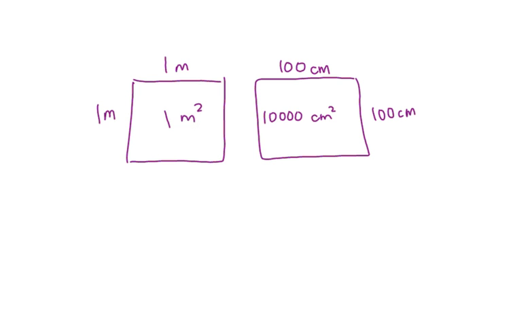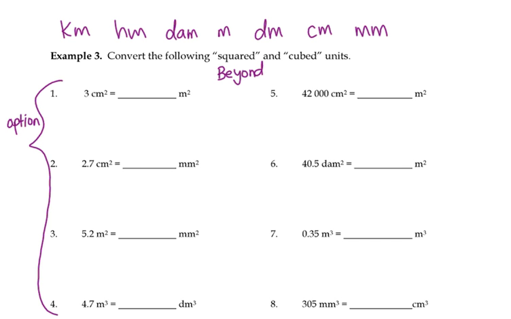So 1 meter squared is 10,000 centimeters squared. We have to do that conversion twice because we're going from a meter times a meter to a centimeter times a centimeter. So if it's a square, we're just going to double the conversion.